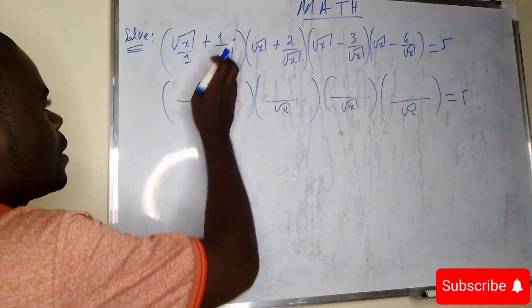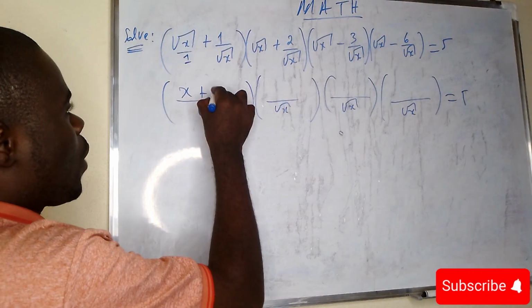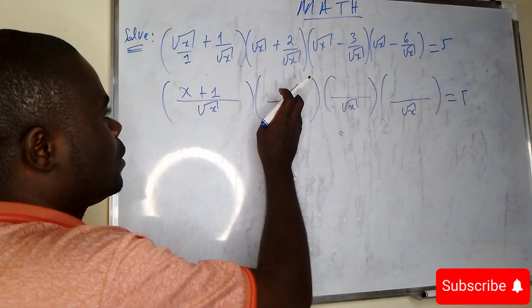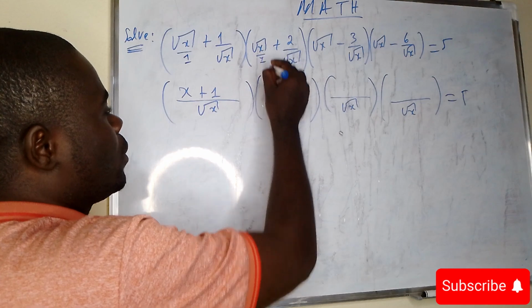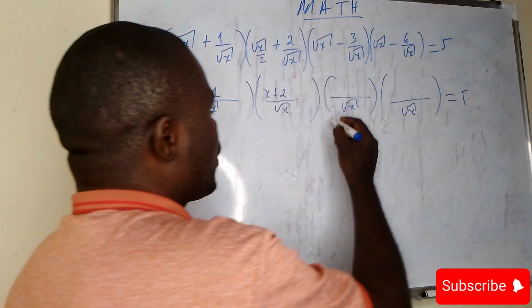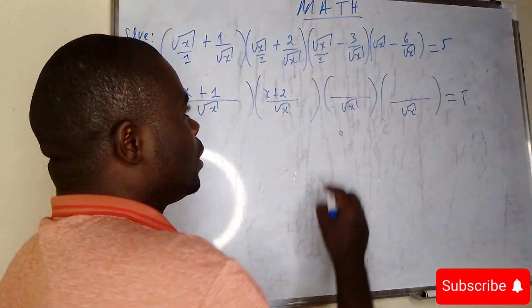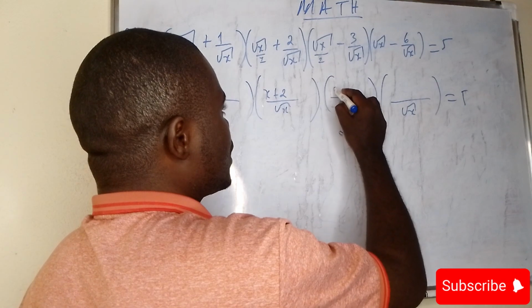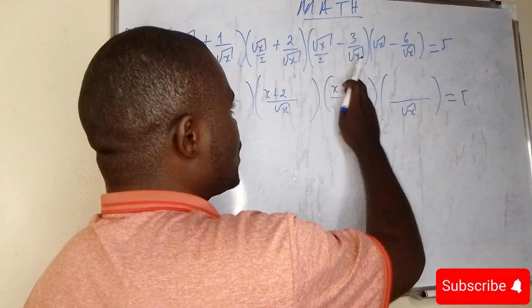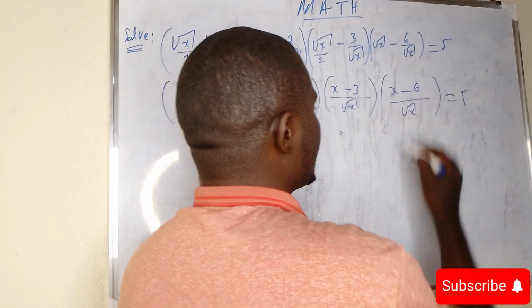So for this divided by 1, we get 1, and we multiply here, we get x plus 1, the same as here. When we take this over 1, we get root x, multiply root x, we get x plus 2. For here also, root x times root x is x, so x negative 3. And for here also it is x negative 6.